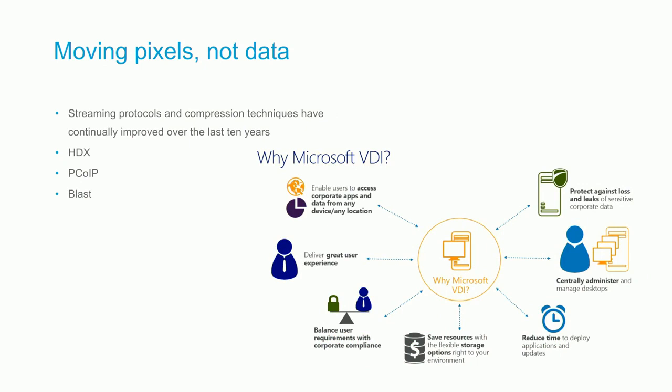So what are the advantages of VDI and moving the pixels, not the data? Essentially, most of you work on a 1 gig network, is my guess. So you have a 1 gig fixed infrastructure within your building. None of you, I guess, measure your data in megabytes anymore. You're going to measure your data in gigabytes.